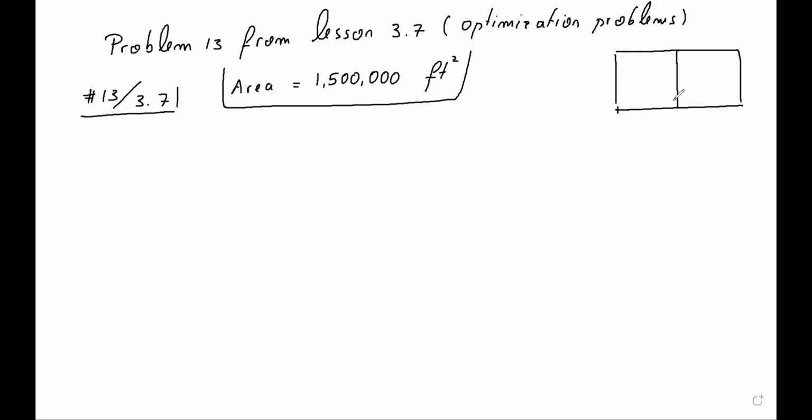So this is what the farmer does, and he has this area that's prescribed, and he needs to minimize the cost of the fence. Minimize the cost of the fence.